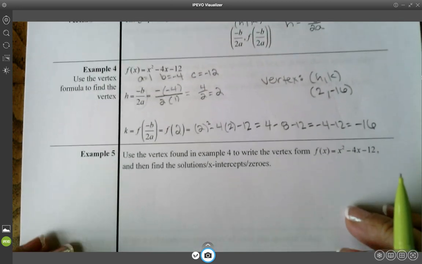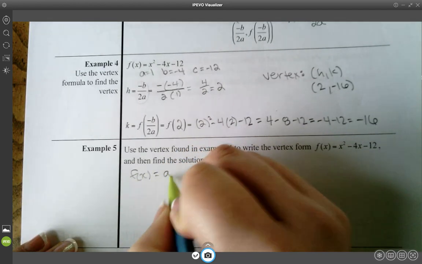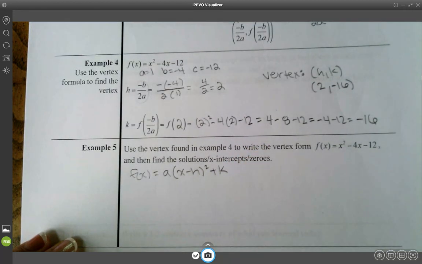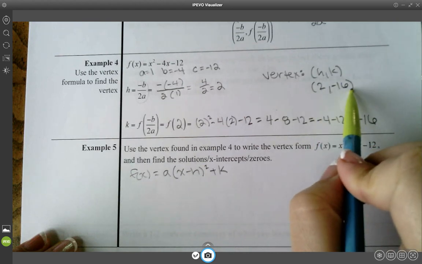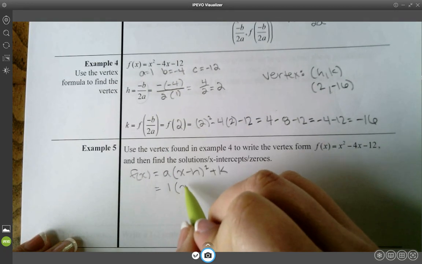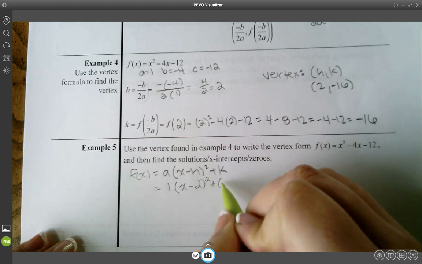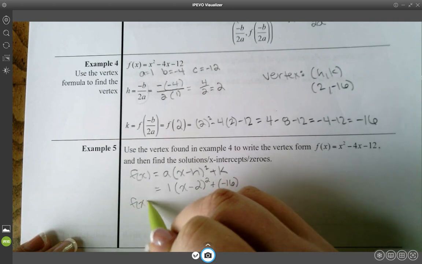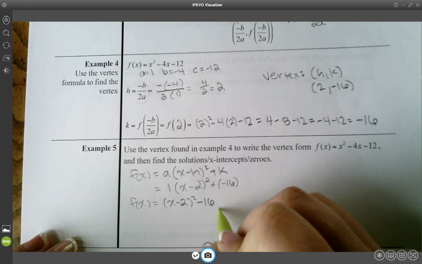So remember, our vertex form is f of x equals a times the quantity of x minus h squared plus k. And we have our values for a, h, and k. So that means I can find the formula to be 1 times x minus 2 squared plus negative 16, which we can then simplify to f of x equals x minus 2 squared minus 16.